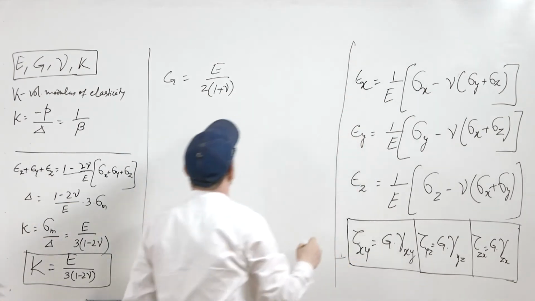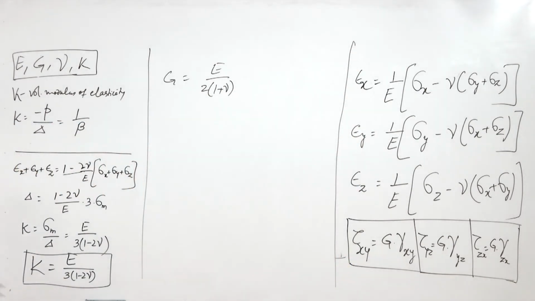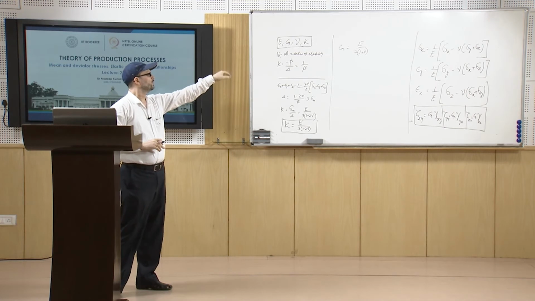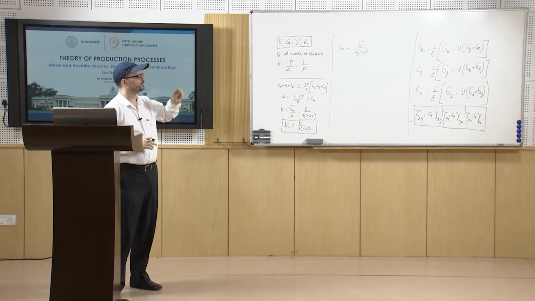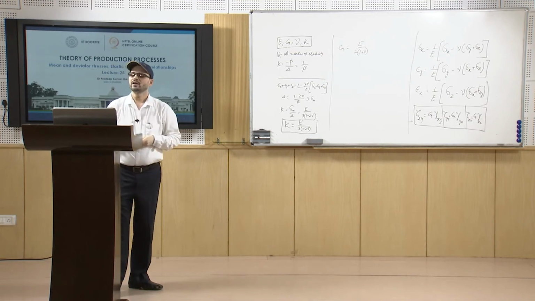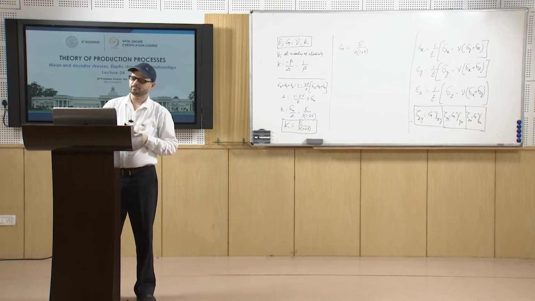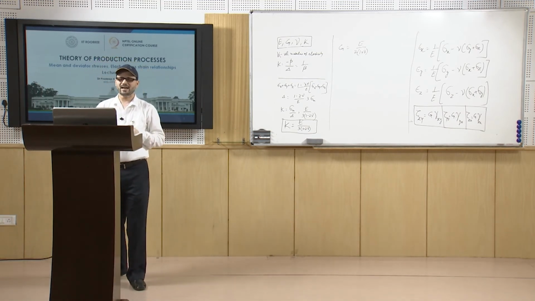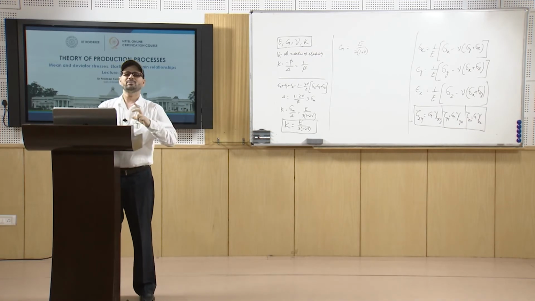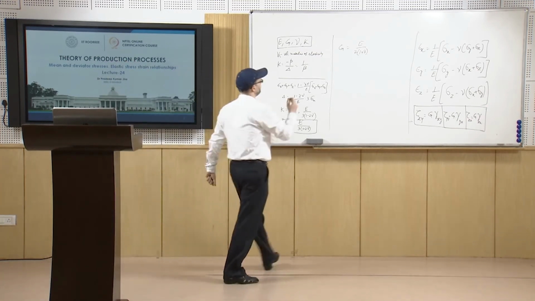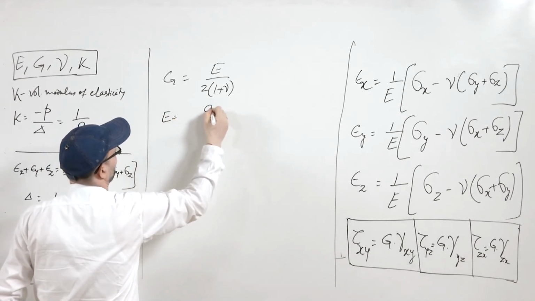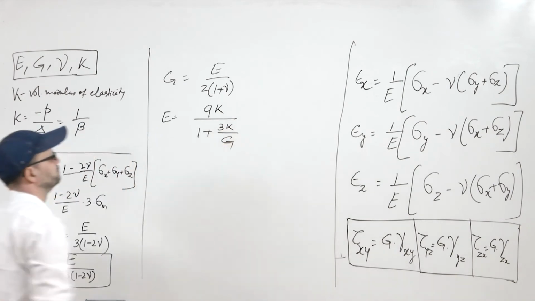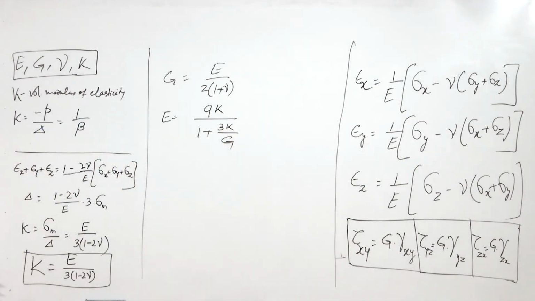So this is one of the other constitutive relationships: if you know G and nu, you can find E, or if you know E and nu, you can find the value of G. Similarly, if you want the relationship between E, K and G, E will be 9K by (1 plus 3K by G). So this will be another equation.